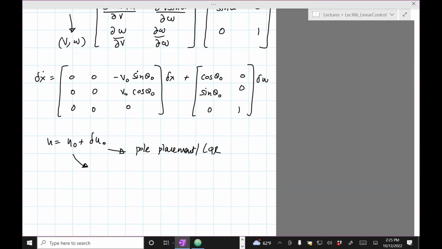So let's say we want to solve the problem of a car going on a trajectory. We had a different method of doing that, and I'll come to that method in a bit. What you would do is perhaps use trajectory optimization to solve for u0 as a function of time, such that it will go along that path. That path could be a line, a circle, whatever you want. So that will be u0.